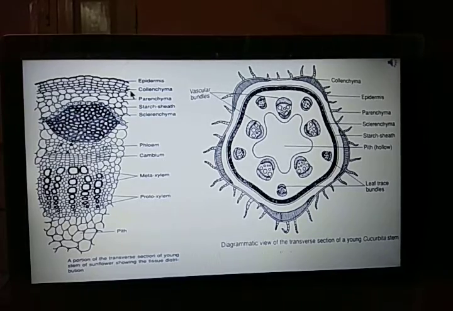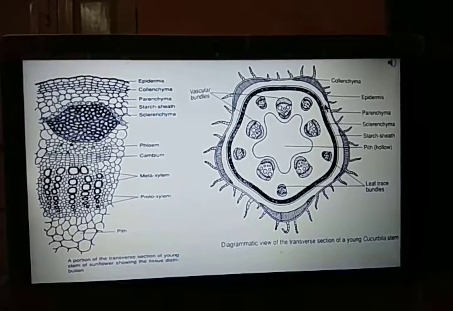But if you look into the Cucurbita stem, this is the diagrammatic view of the Cucurbita stem, which is also a dicot stem. Next to the epidermis, you have the collenchymatous zone, which is present in groups. Here it is present as a band, but here it is present in groups, the collenchymatous cells beneath the ridges.